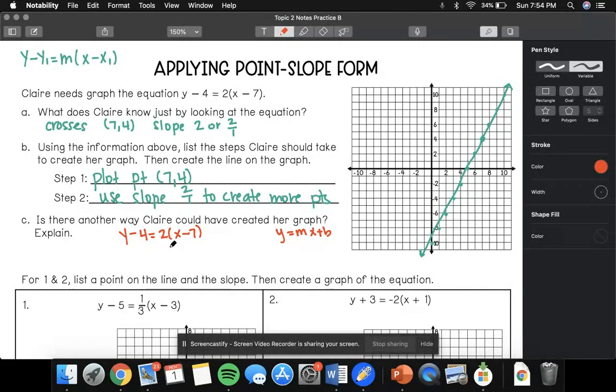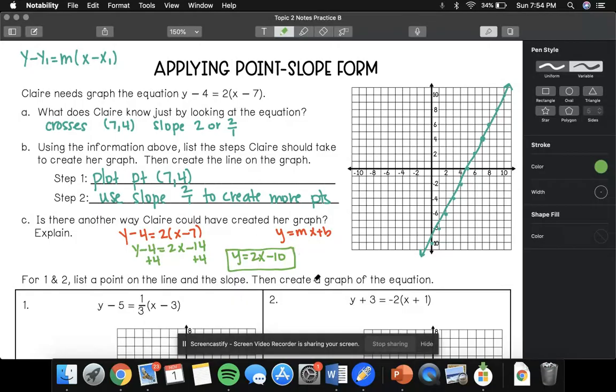So why not just solve for y? I would distribute the 2 and get 2x minus 14, and then I would add the 4, and I would get y equals 2x minus 10.